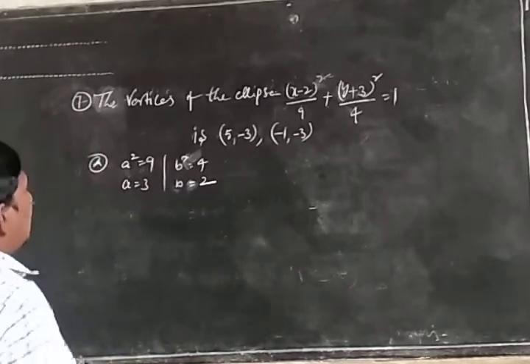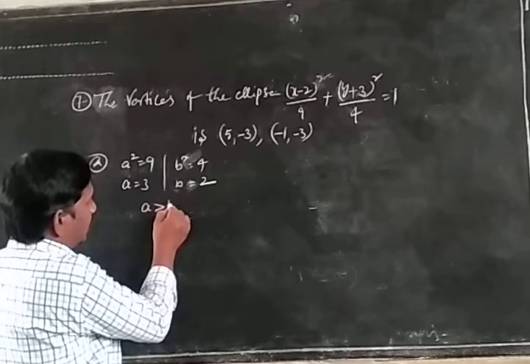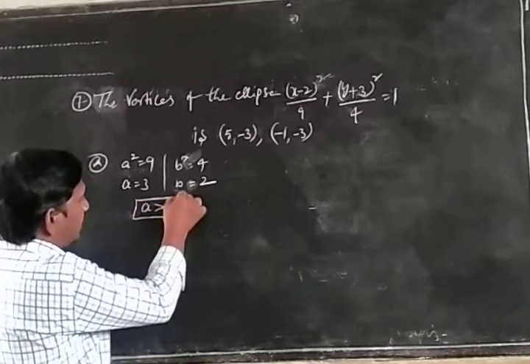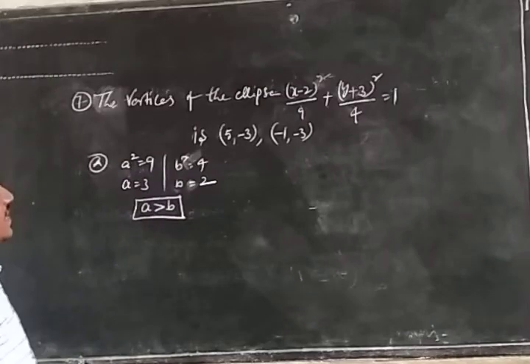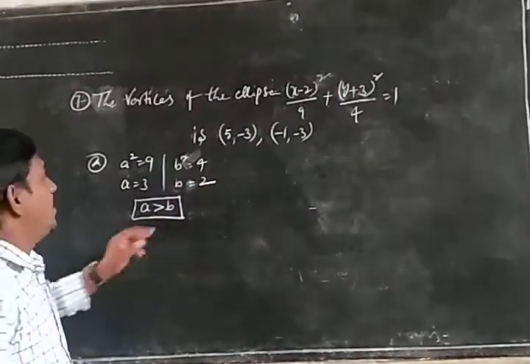Now here a greater than b. For a greater than b, 2a is the major axis.